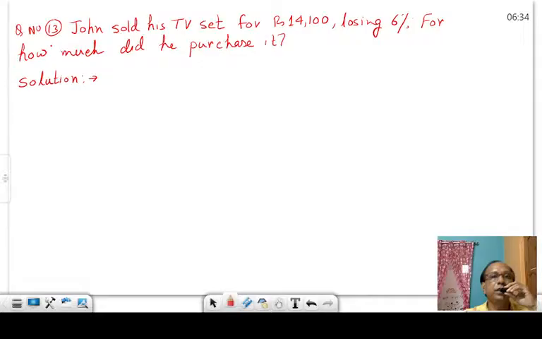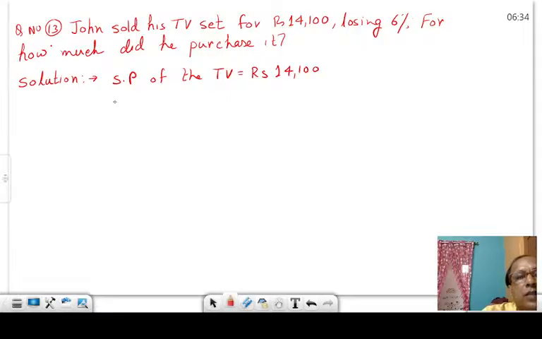Now John sold his TV set for rupees 14,100, losing 6%. Therefore, the selling price of the TV is equal to rupees 14,100, and the loss is equal to 6%.